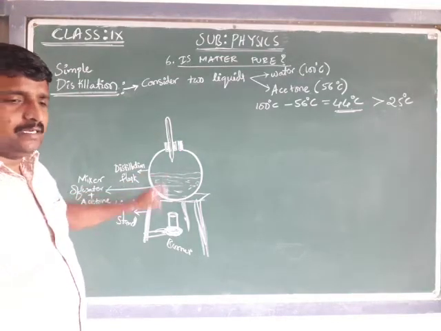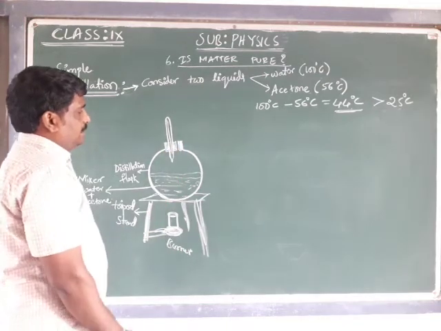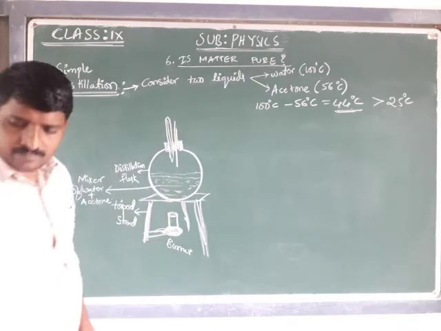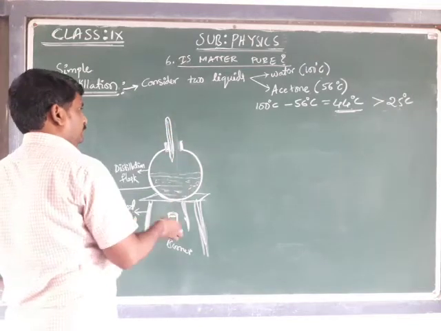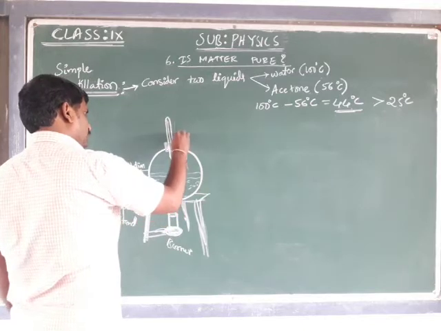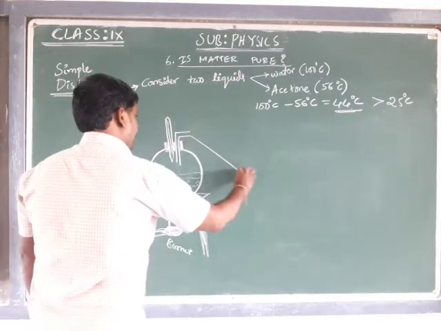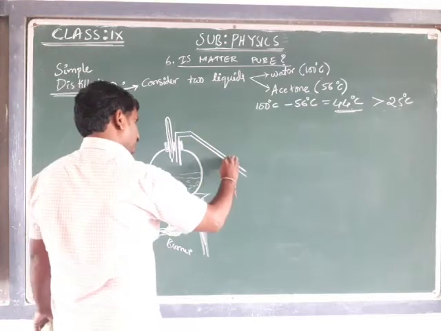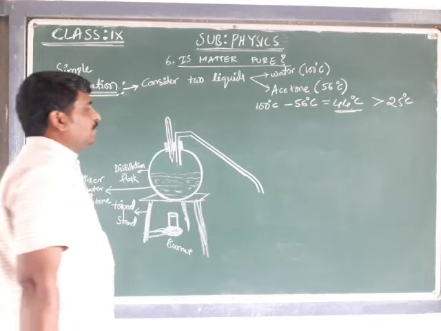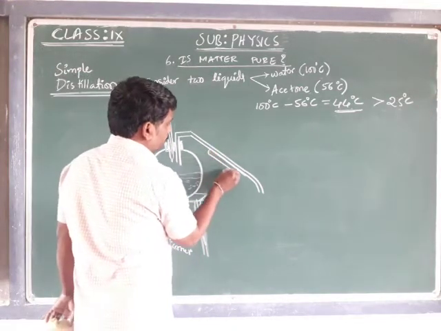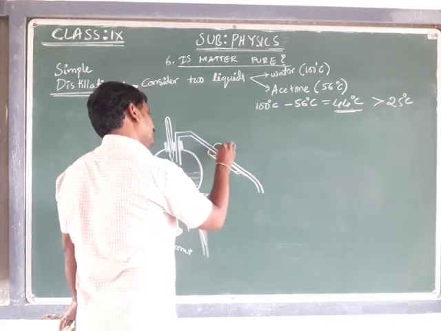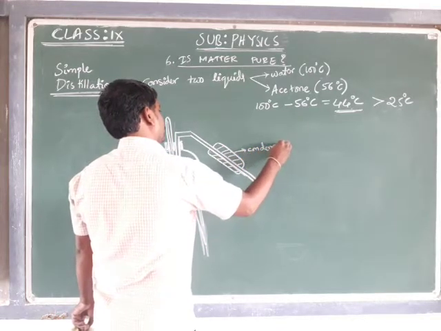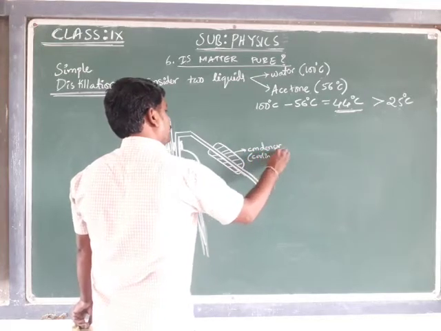Here we insert a thermometer to check the temperature in this flask, and in this other hole, you have to attach a delivery tube which consists of a cooling chamber that we call a condenser.